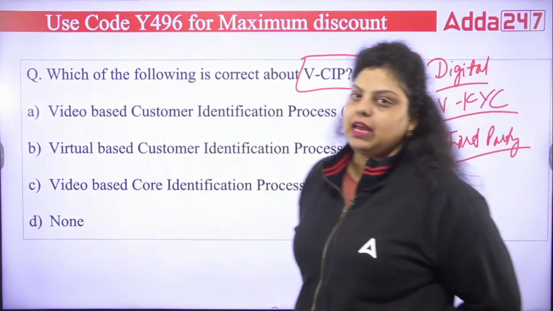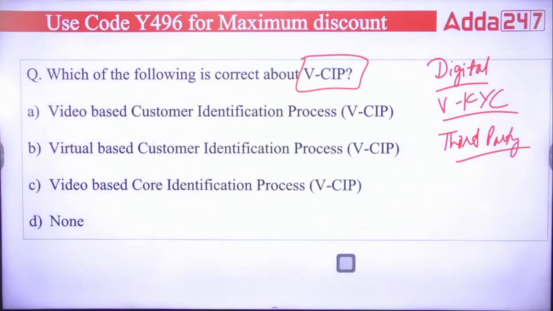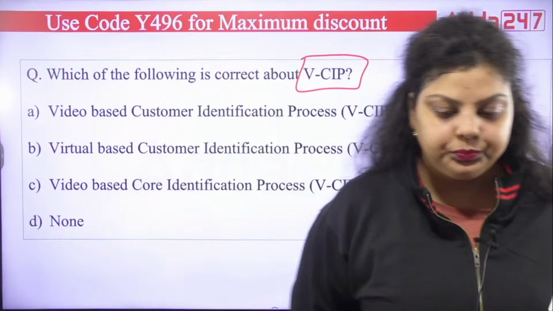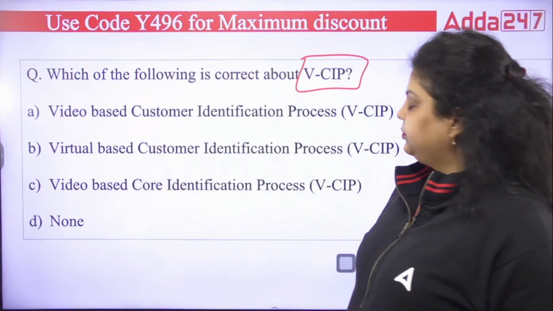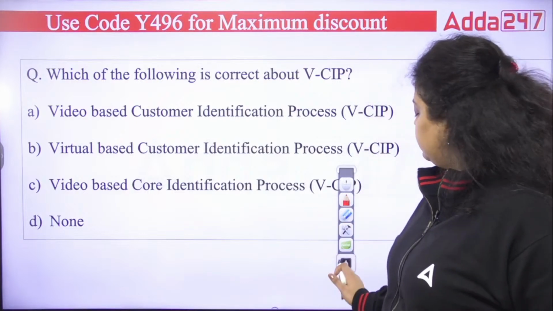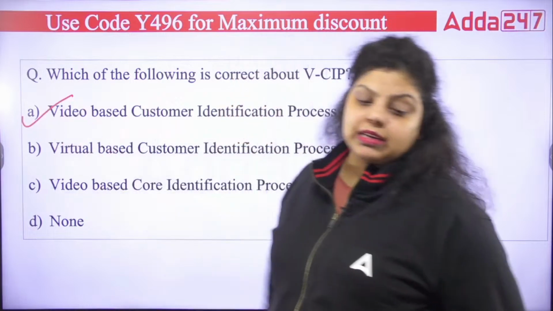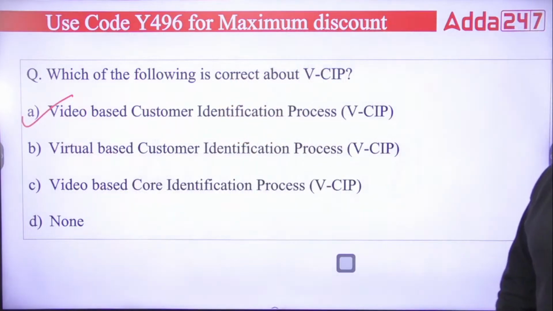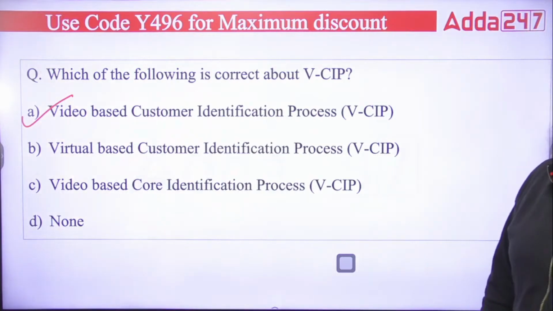I have told you the full form of CIP already. Now what does V stand for? Is it video? Is it virtual? Is it a video based customer identification process? So the right answer will be video based customer identification process.